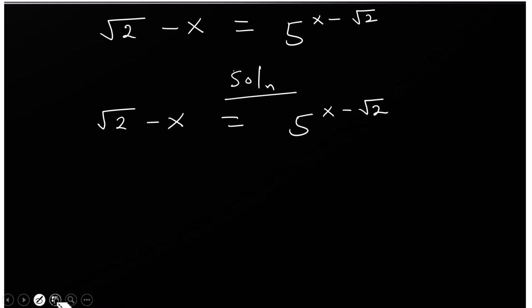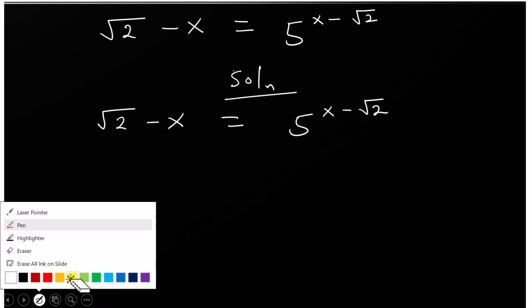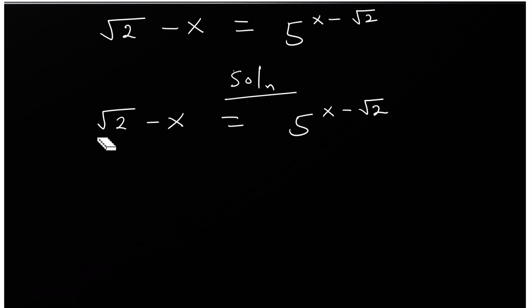Now let's be very careful here. Let's represent this one by a variable, or you can represent this one by a variable, whichever will get the same thing. So I prefer this one. So let t be root 2 minus x.